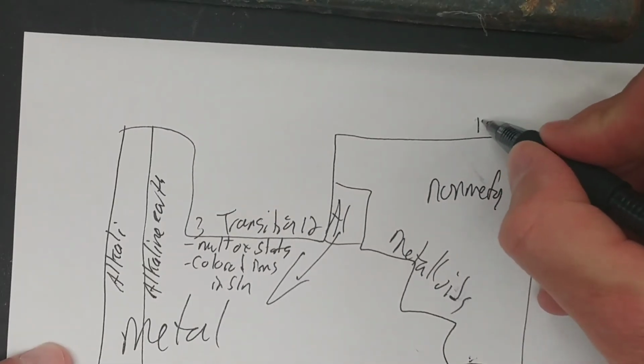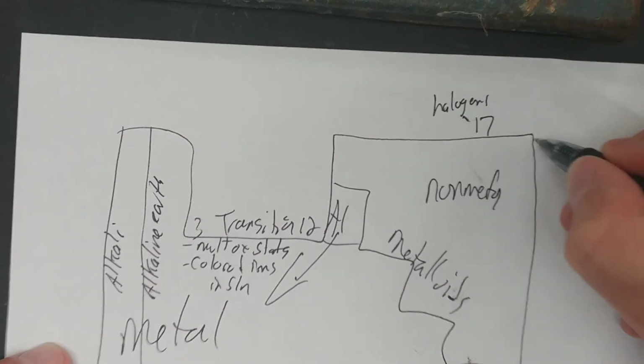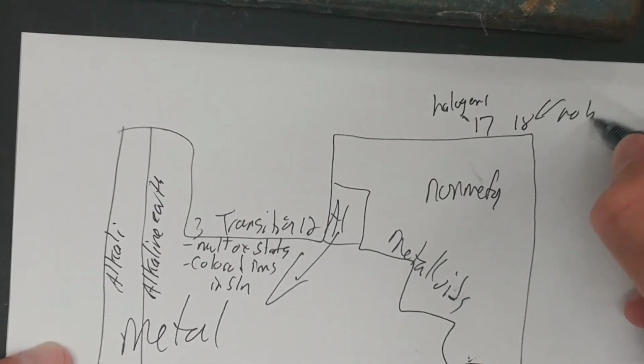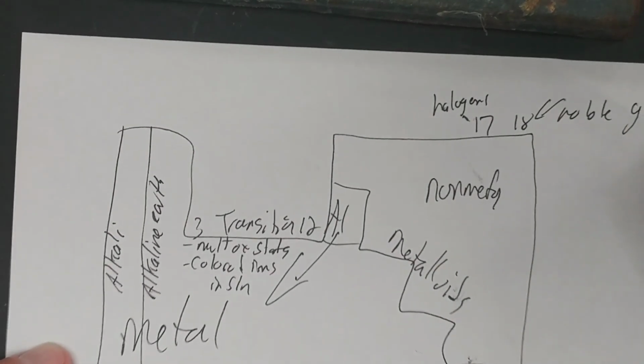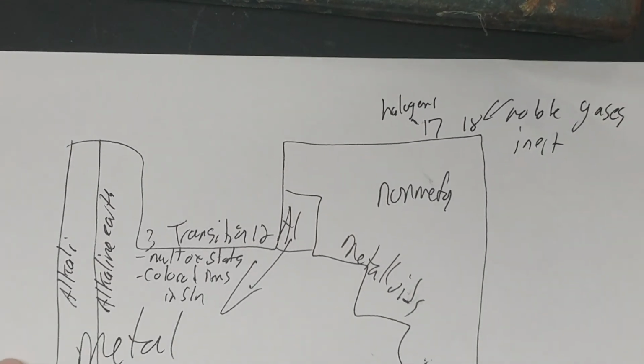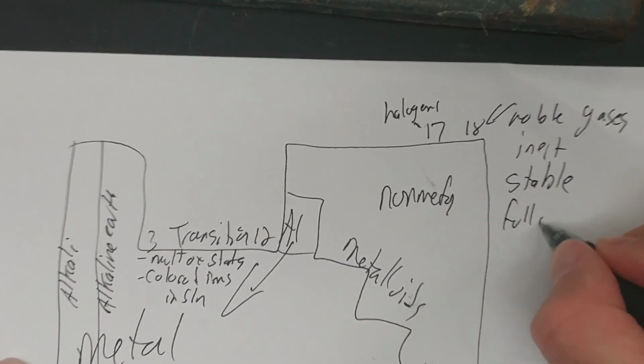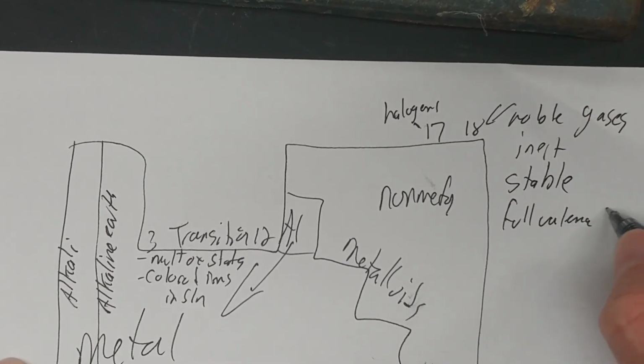Group 17 are halogens. Group 18, noble gases, aka inert gases. They are stable or have a full valence shell.